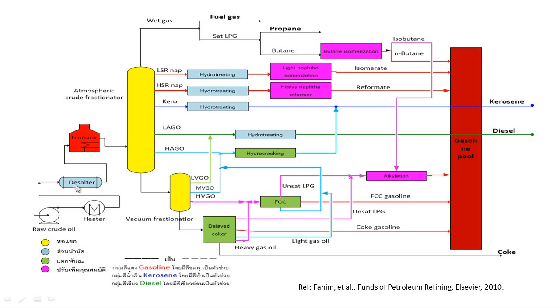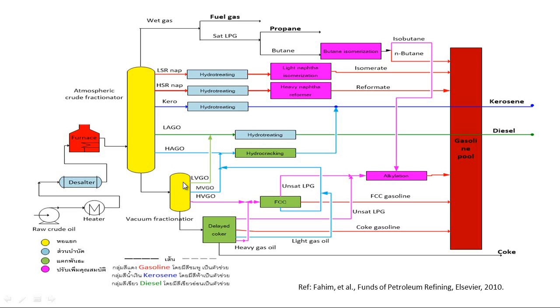After that removal, it will pass to the furnace and then be heated up again to 400 to 500 degrees Celsius, and then it will pass to the separators. These two separators in color are what we call the atmospheric distillation or atmospheric crude fractionator, and the vacuum distillation unit or vacuum fractionator.